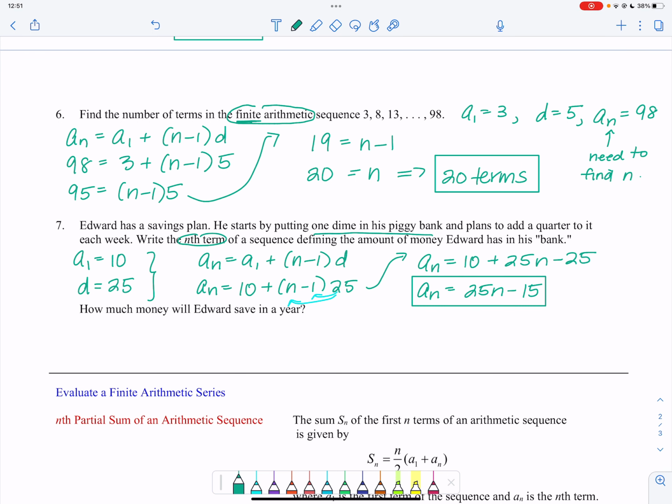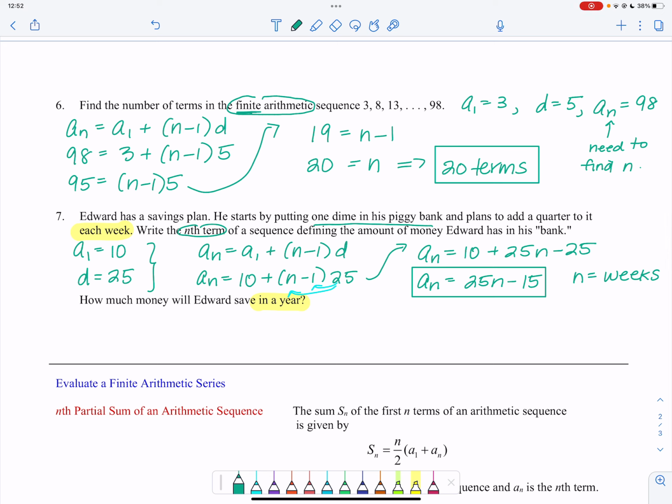How much money will Edward save in a year? Remember that n is weeks, because it says each week. In a year, that will be 52 weeks.